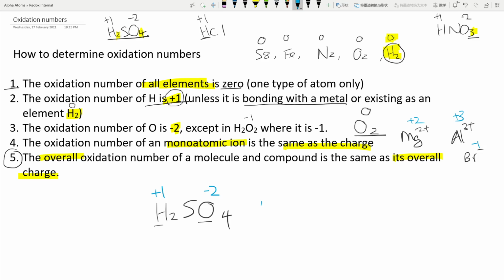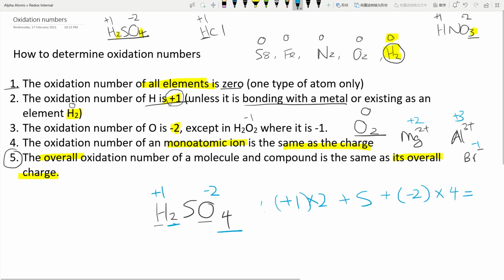You need to understand there are 2 hydrogens and each one of them is +1, so it's +1 times 2, plus sulfur. I don't know what sulfur is because that's not part of the rule. I know O is -2, and there are 4 oxygens, so it's 4 times -2. Now what does that equal?